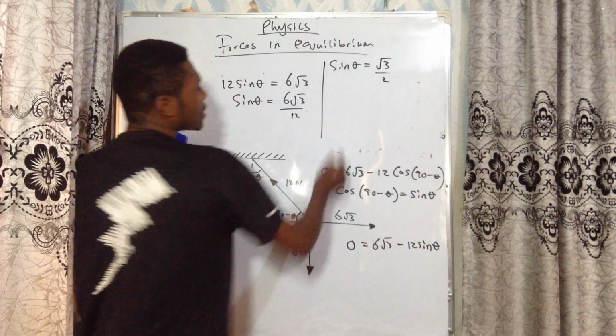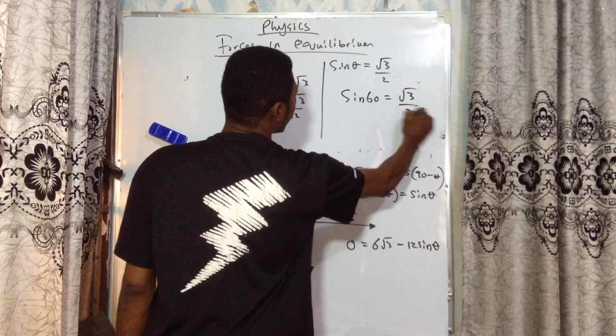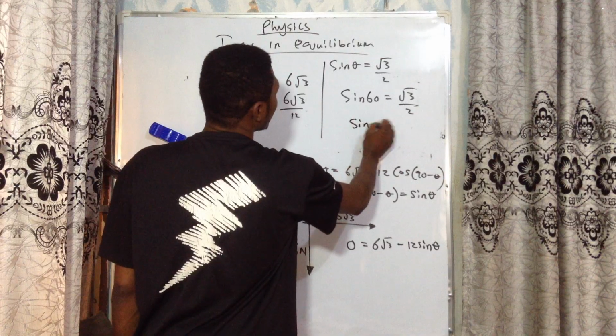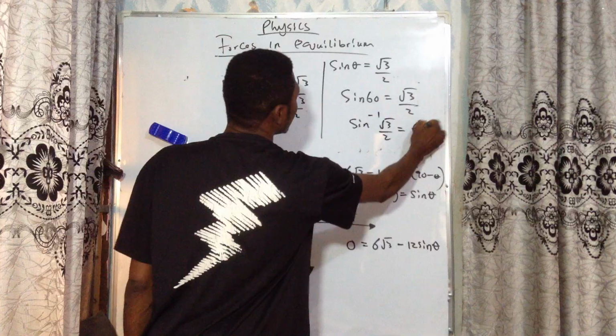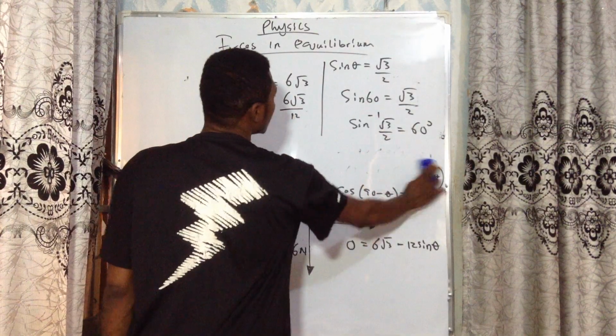You know that sine 60 is equal to root 3 over 2. So the sine inverse of root 3 over 2 will give us 60 degrees.